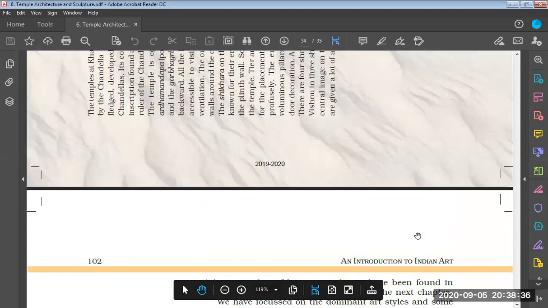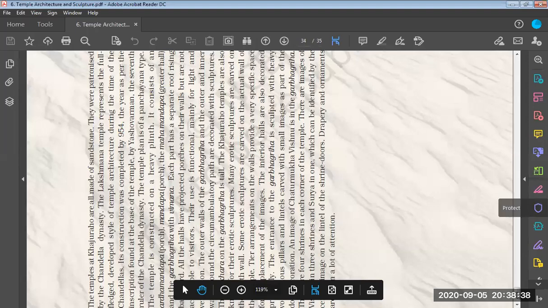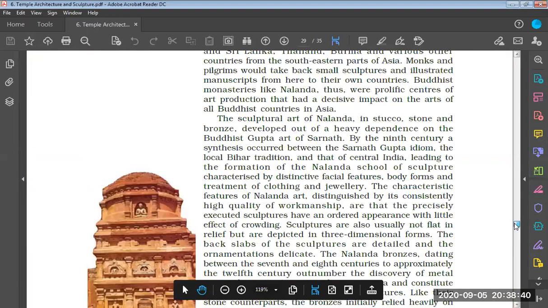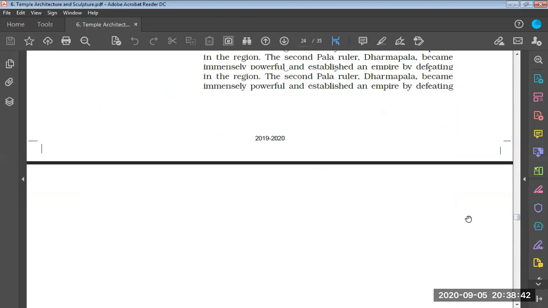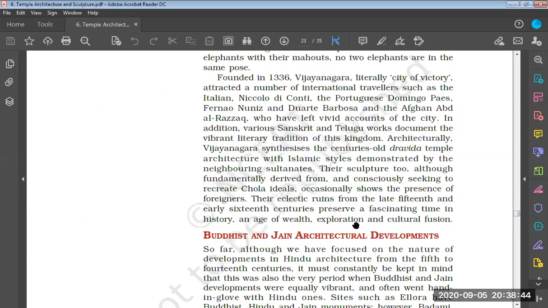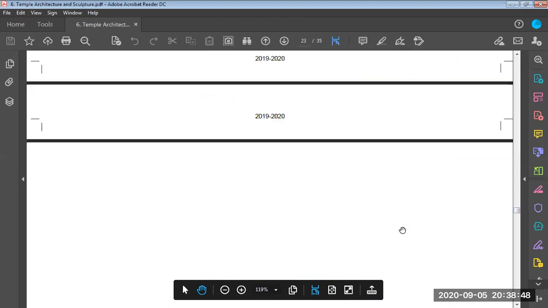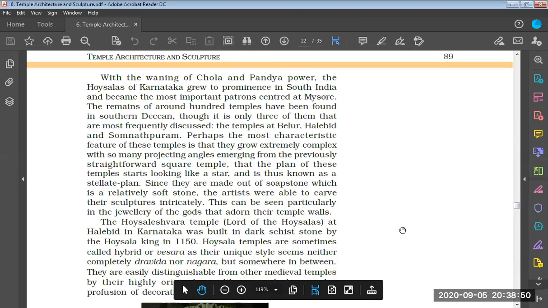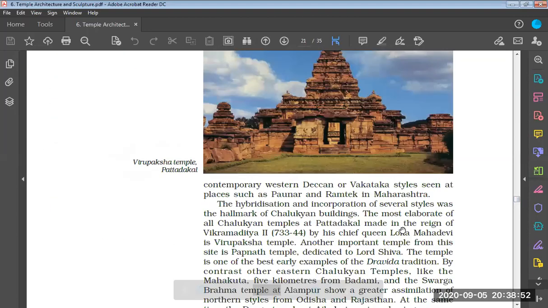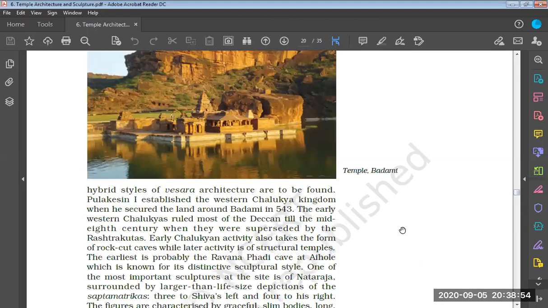So this is all. Today we will try to finish only the Dravidian style of temple architecture, and later on we may see the Buddhist and Jain architectural developments. The Dravidian style is not that big a topic, so it can be covered shortly.